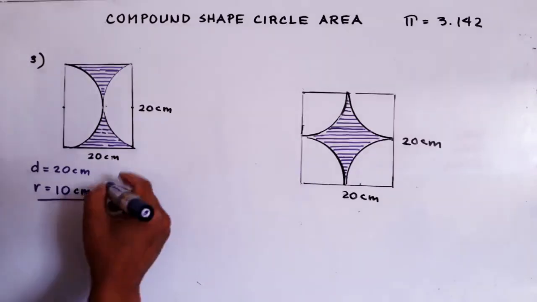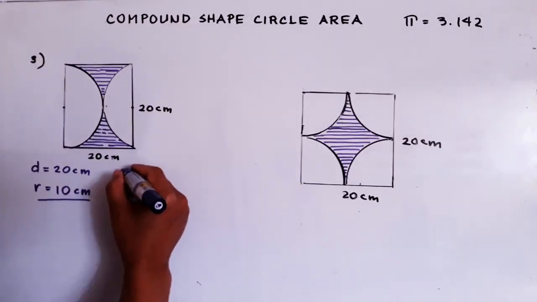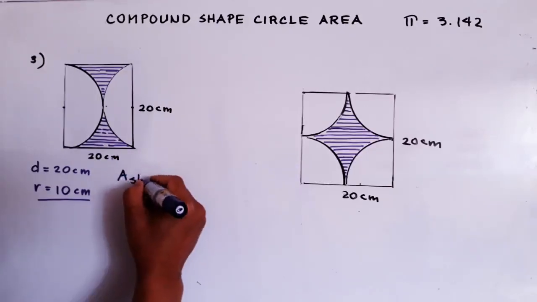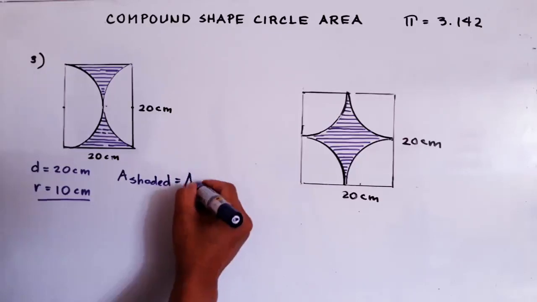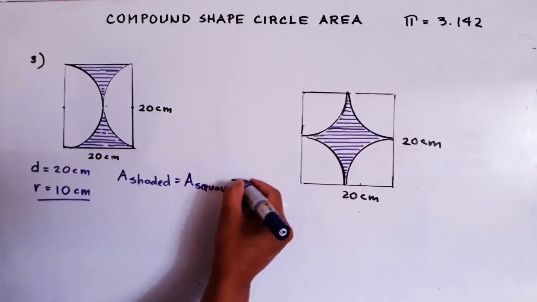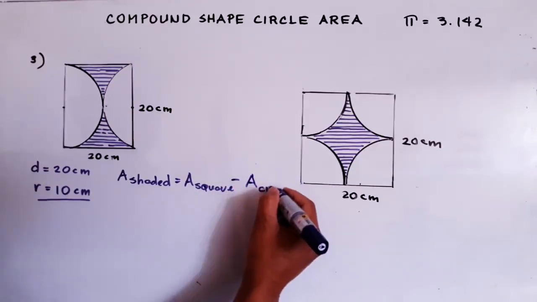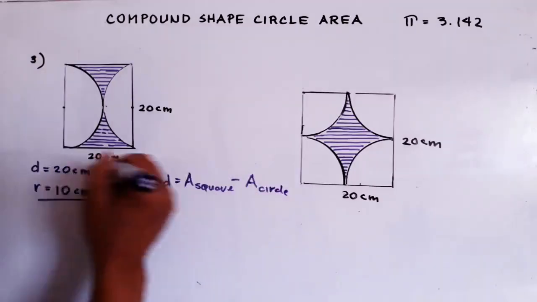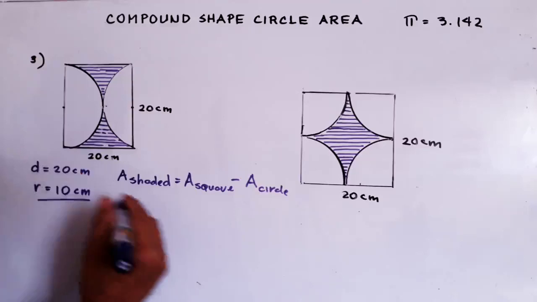Okay, so let's find the area of our square. So the area of the shaded portion is equal to the area of the square minus the area of one circle, because we are going to combine the semicircle with the other semicircle here. So that's one circle.